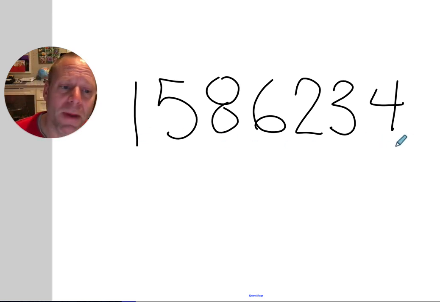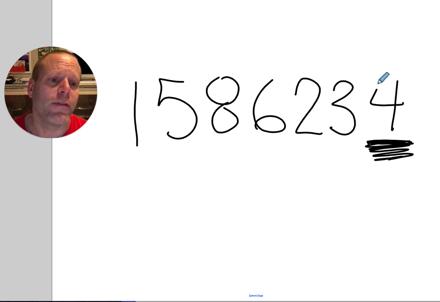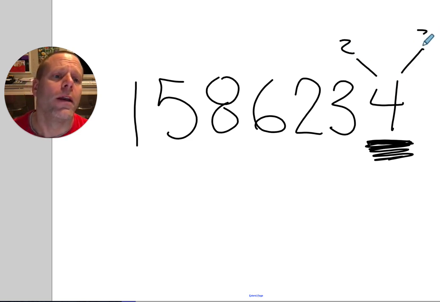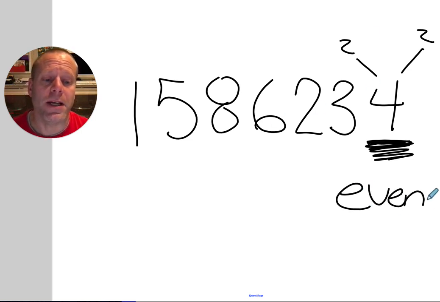None of these numbers matter. That's the only one that matters. Think about what's inside of a 4. Nice and even. Perfect. 2 on that side, 2 on that side. It's fair. It's even. This number is even because the last digit, the one in the ones place, is even.